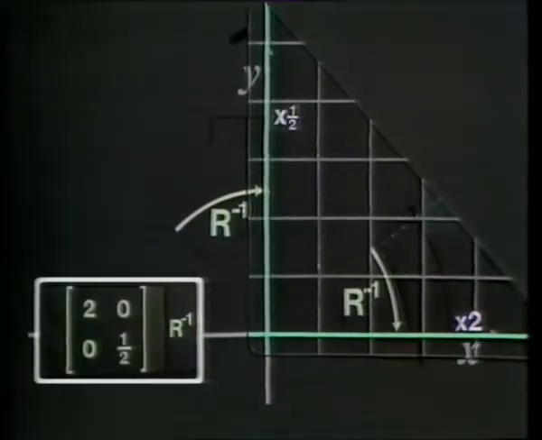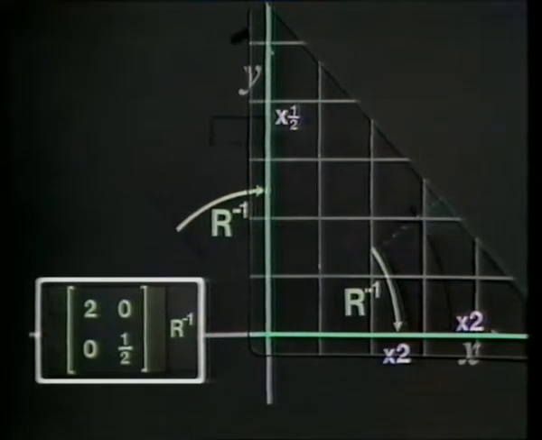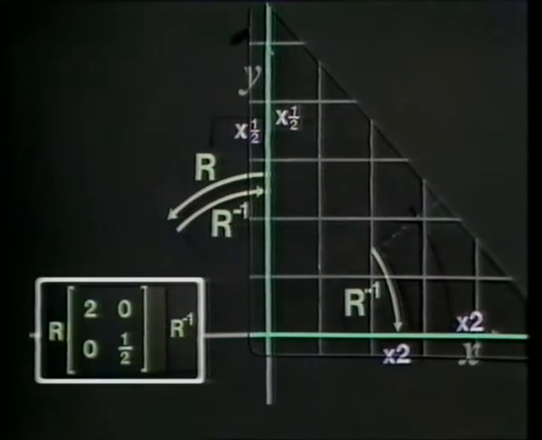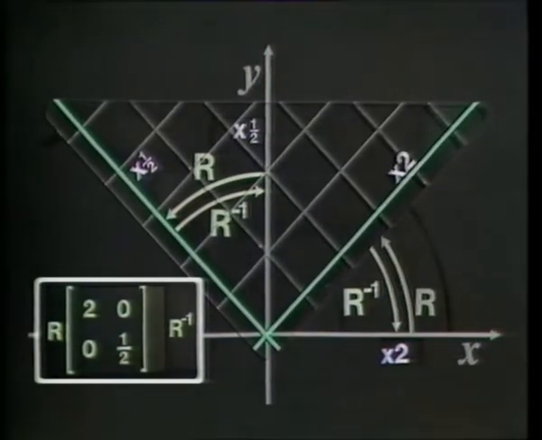Next, there's this diagonal matrix which scales along the x-axis with a factor of 2, and along the y-axis with a factor 1/2. And lastly, there's a rotation back through pi over 4, which takes the axes back to the eigenlines.